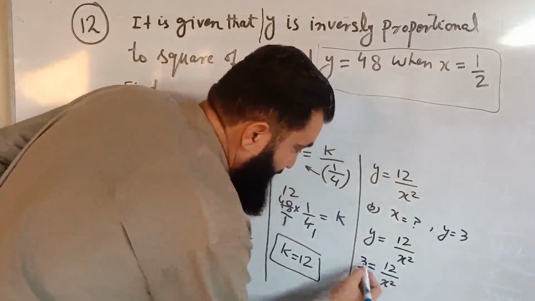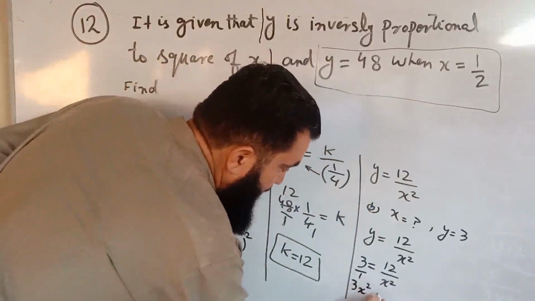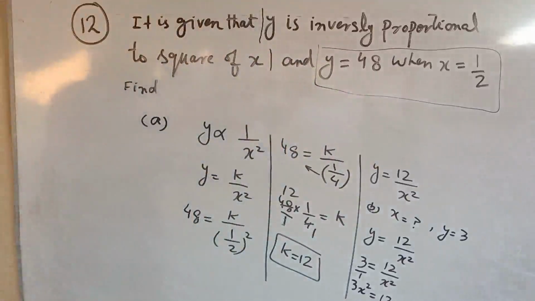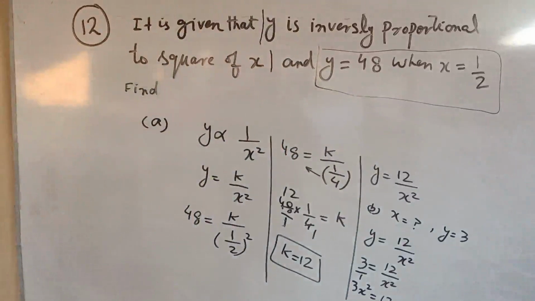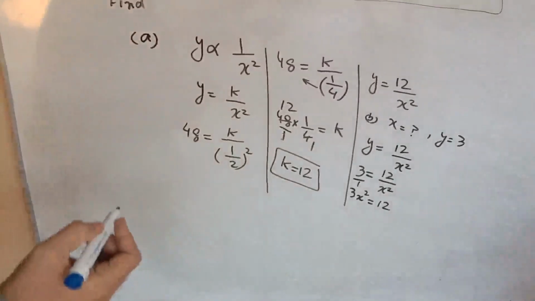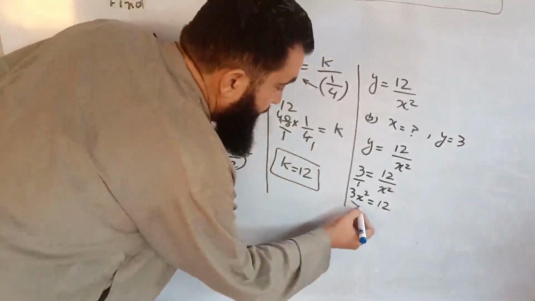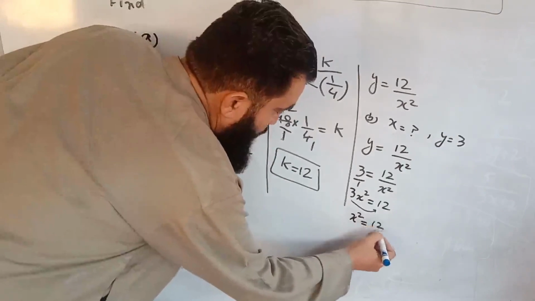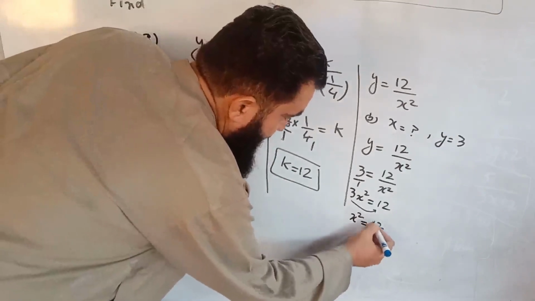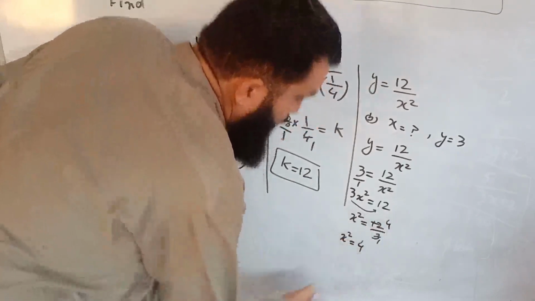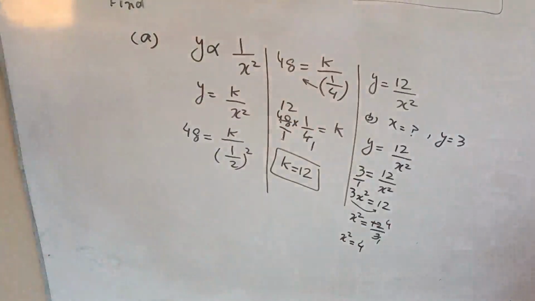So if you cross multiply, this becomes 3x square is equal to 12. Now, if we shift 3 here, this will become x square will be equal to 12 over 3. 3 fours are 12. x square is equal to 4. We have to find x.